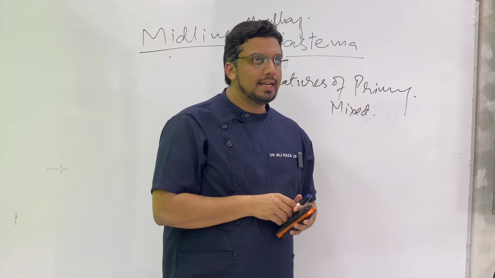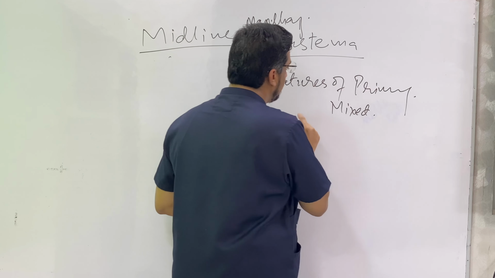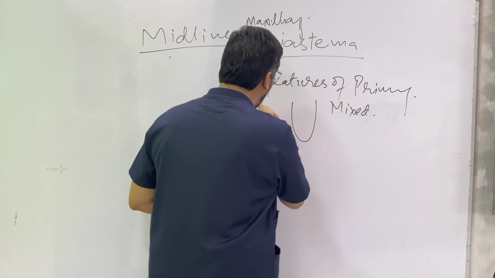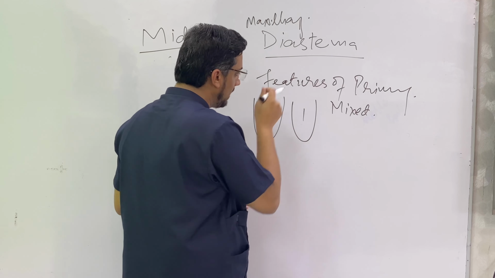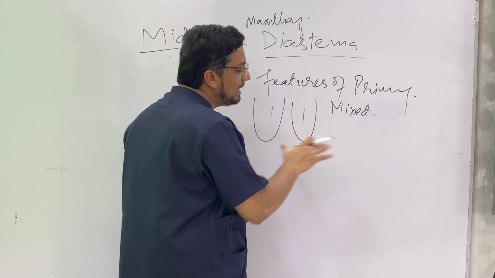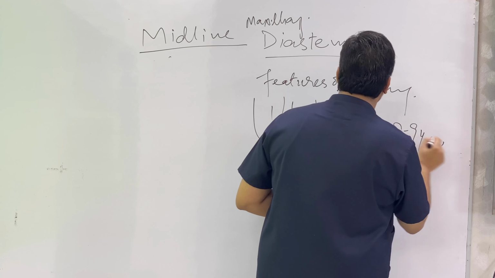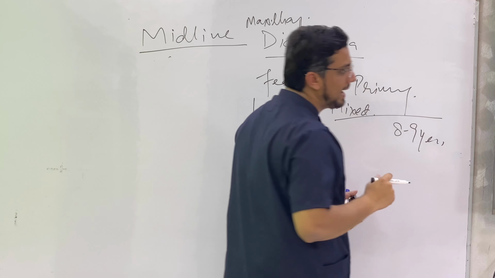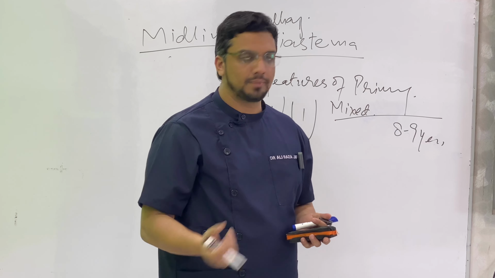This is called the primary spaces. In the mixed dentition, especially at the age of 8 to 9 years, a gap between the upper central incisors in the maxilla is very common to see, and this is a feature of the mixed dentition.